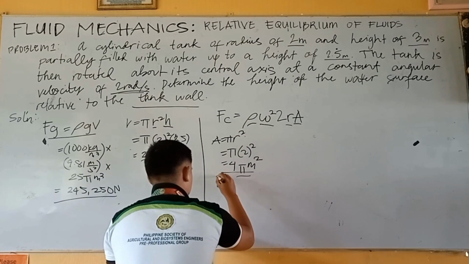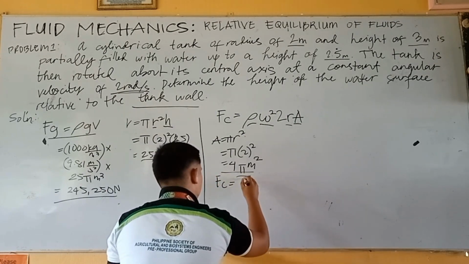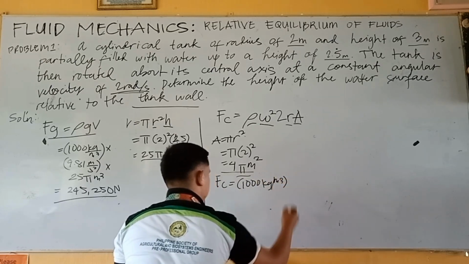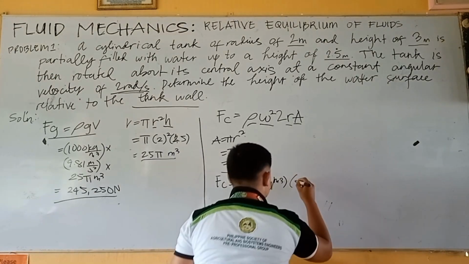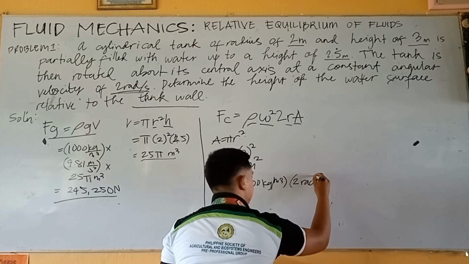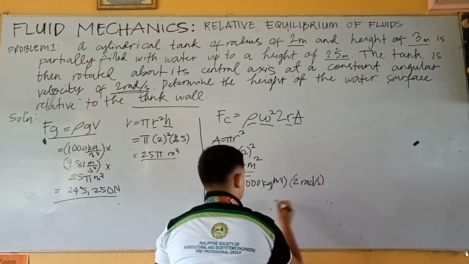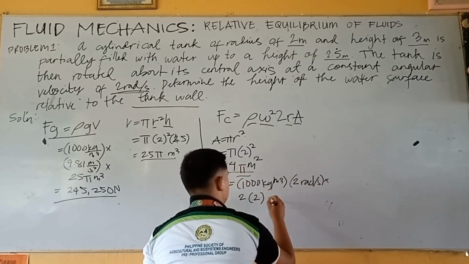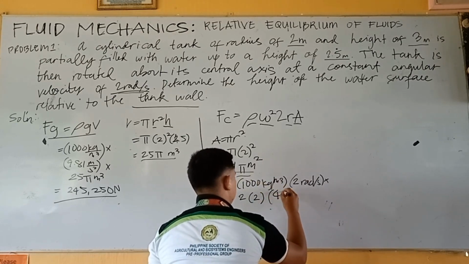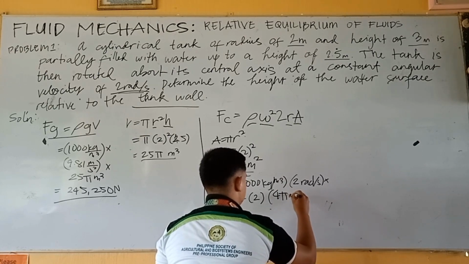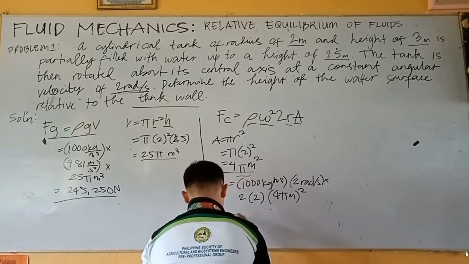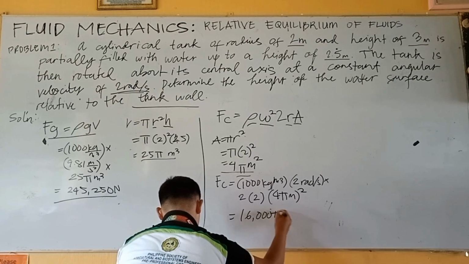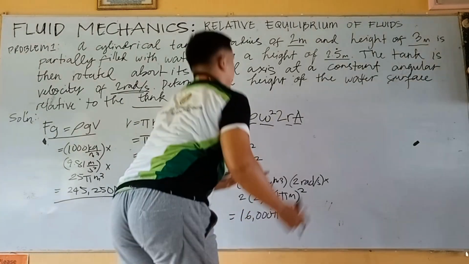So F_C equals 1,000 kilograms per cubic meter times the angular velocity of 2 rad per second squared times the radius of 2 times the area, 4 pi square meters, which is equal to 16,000 pi Newtons. This is the centrifugal force.